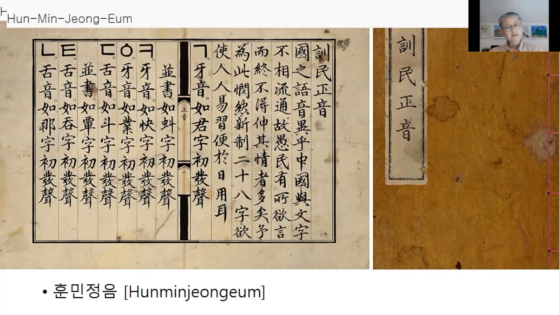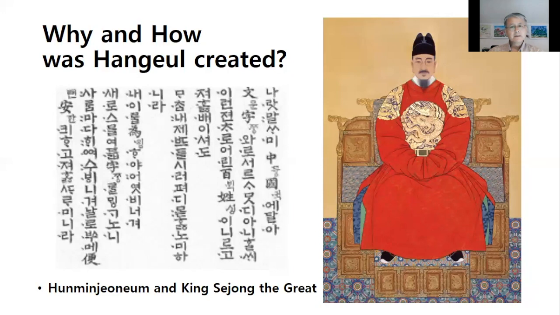So King Sejong the Great invented the Korean letters for his people. This is King Sejong. So now we are going to watch a short movie regarding King Sejong the Great.